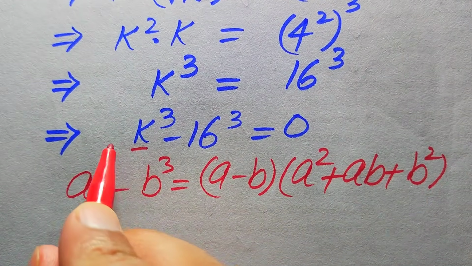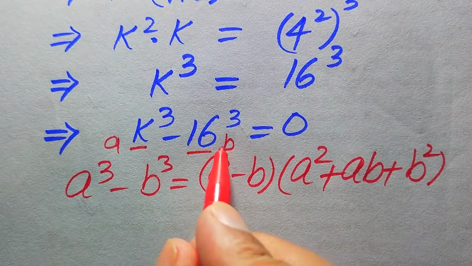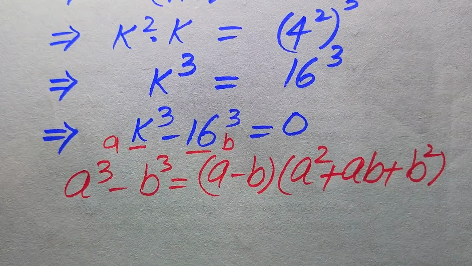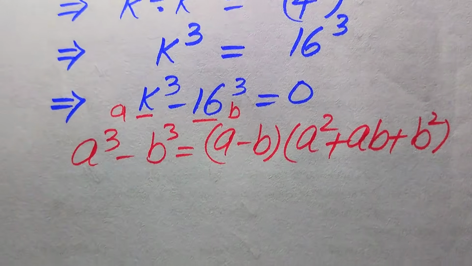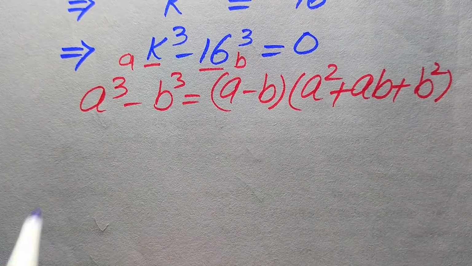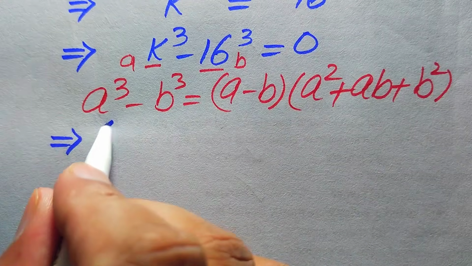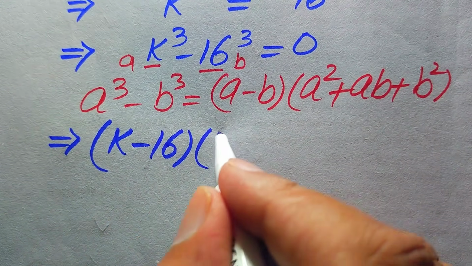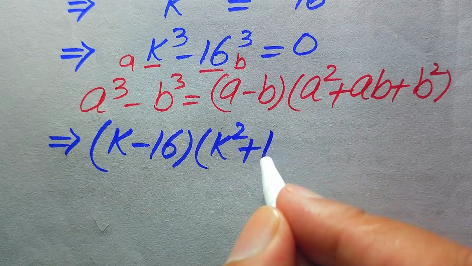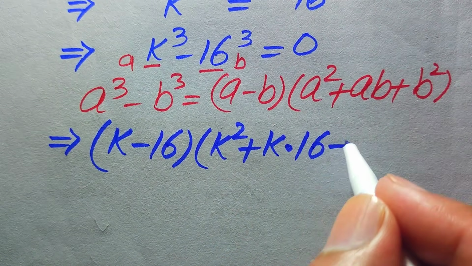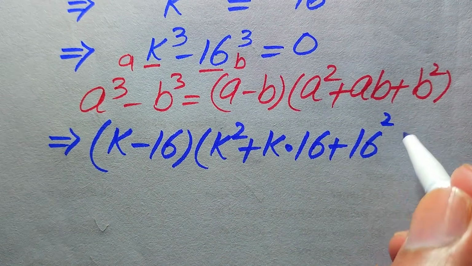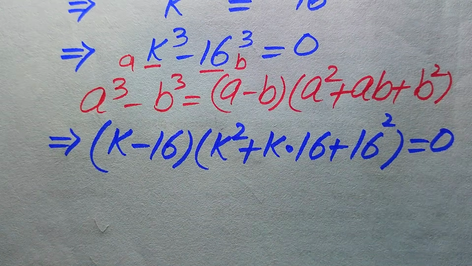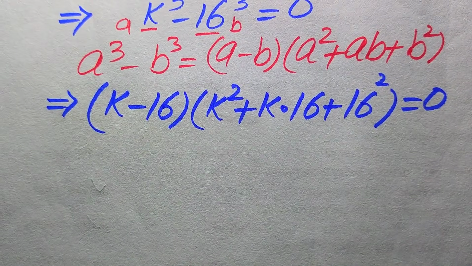And you see that the base of this term is our a and the base of this term is our b. So we apply the cubic formula to the left hand side, and this will be written as (k minus 16) times (k squared plus k times 16 plus 16 squared) equals 0.